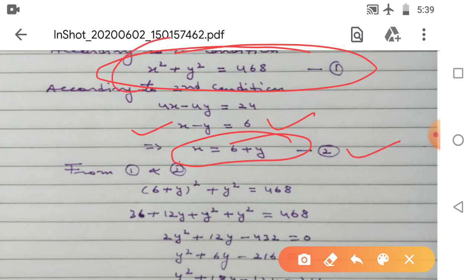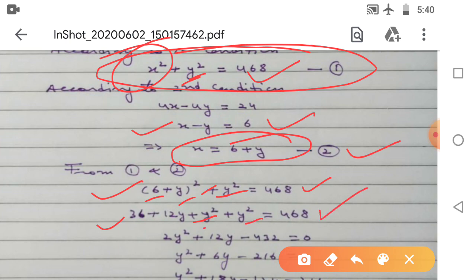So, we put the value of x here as 6 plus y. So, 6 plus y whole square plus y square is equal to 468. You use a plus b whole square here, and by doing so this is 36 plus 12y plus y square is 468.